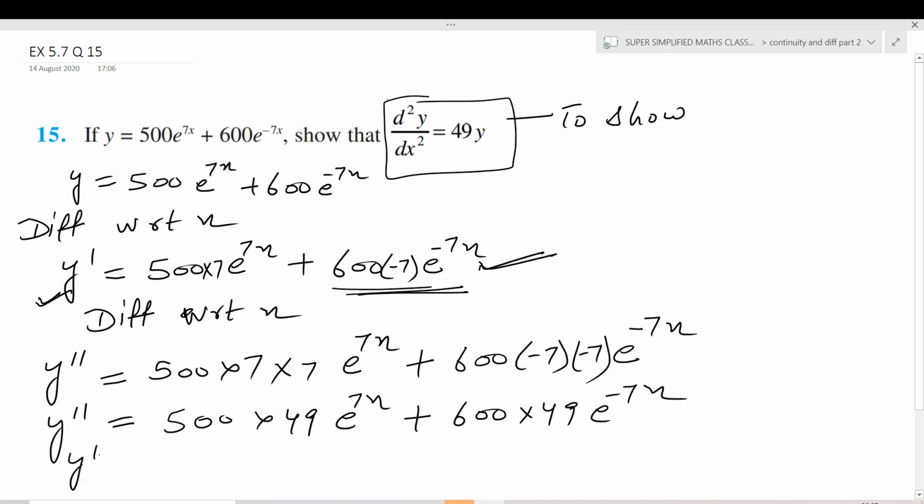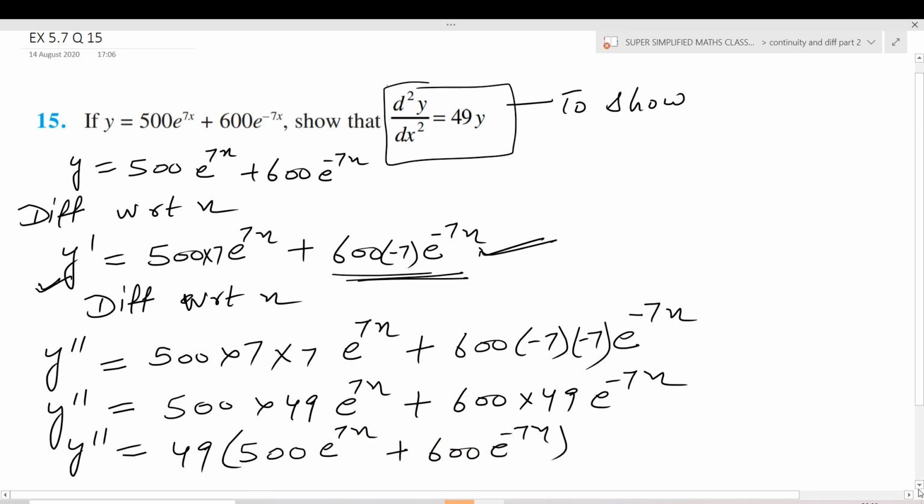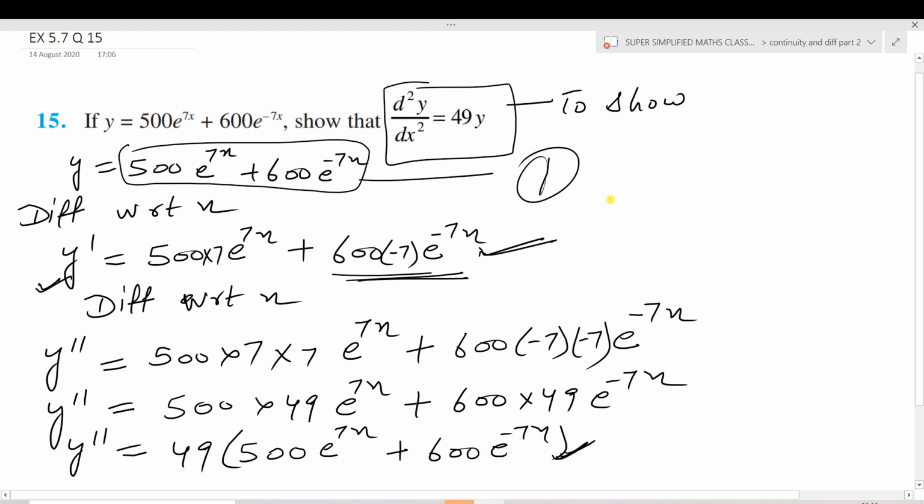From the whole equation I can take 49 common. So I will have 500 e7x plus 600 e minus 7x in the bracket. Now if you compare this expression in the bracket, equation number 2, with what is given to you in equation number 1, you get that this expression in the bracket is nothing but y.